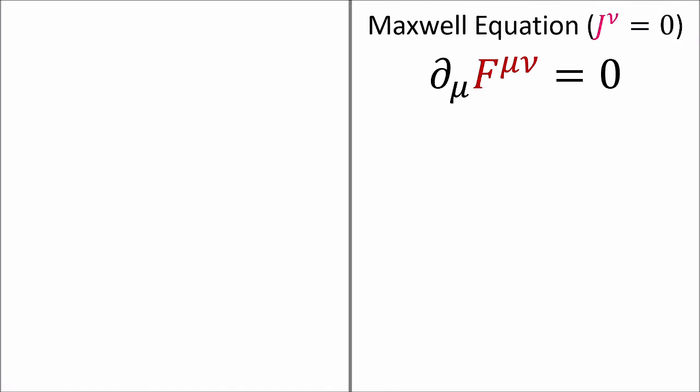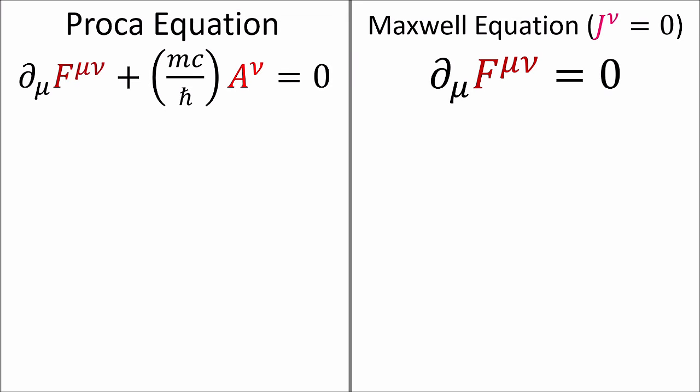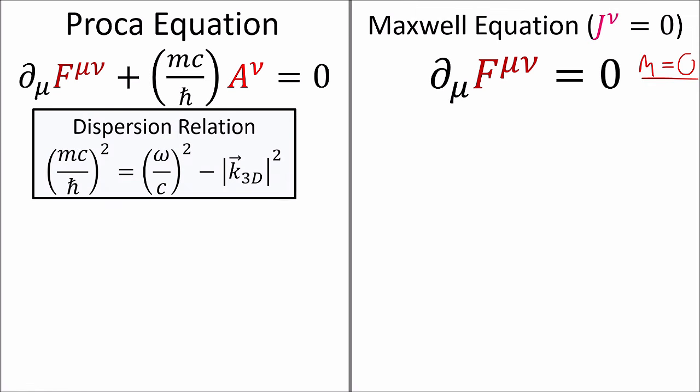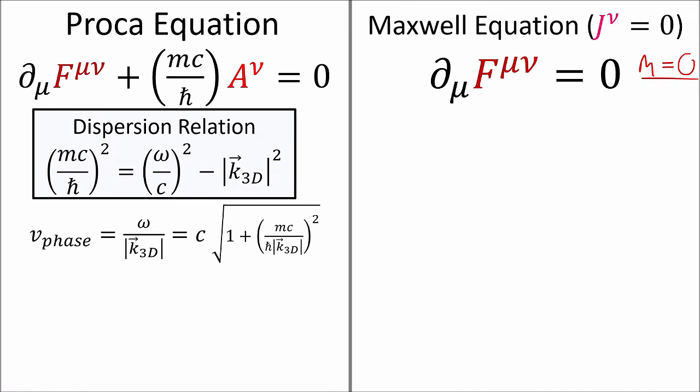The next thing I'll do in this video is discuss the solutions to the Maxwell equations, which is a special case of the Proca equation where the mass is 0. This seems like a small change, but the massive and massless solutions to the Proca equation do have some important differences. First, since the Proca equation is massive, the dispersion relation tells us that the phase velocity of each basic wave solution is different depending on the wave vector.